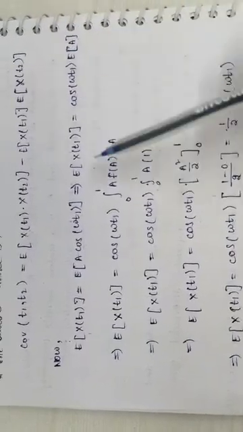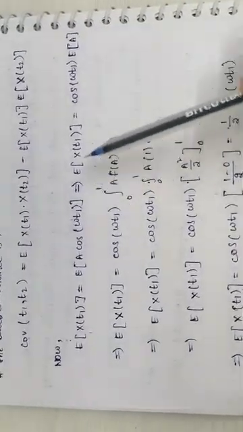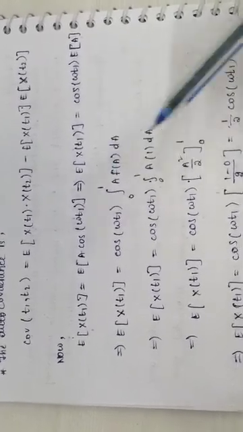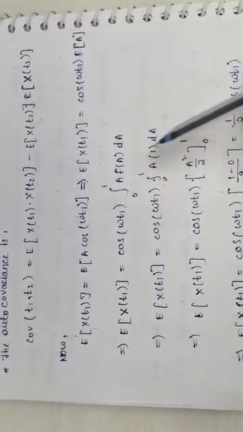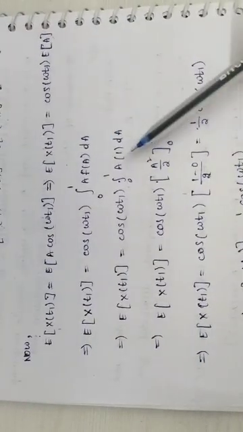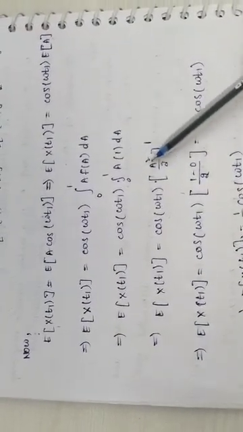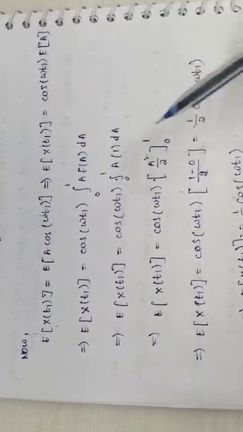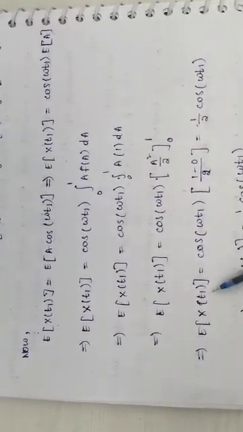Expectation of a equal to the integral of 0 to 1 a into f of a dA. We know that f of a equal to 1, so we are substituting f of a equal to 1 here, and on integrating a we are getting a square by 2. On substituting the upper limit and lower limit here, we are getting expectation of x of t1 equal to 1 by 2 cos omega t1.